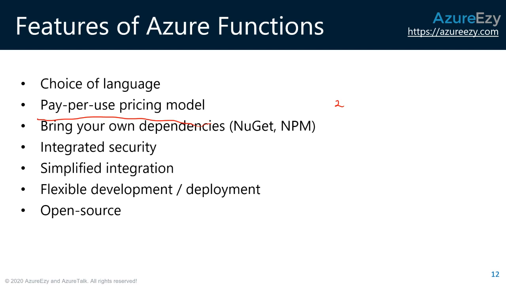And another thing is your dedicated plan. Let's say you have your own app service running where you have hosted a lot of applications and you want your Azure Function to be running inside your app service plan. There you can host your Azure Function and choose your pricing model. There you can do manual auto scaling, as I discussed. You can choose your scaling properties.